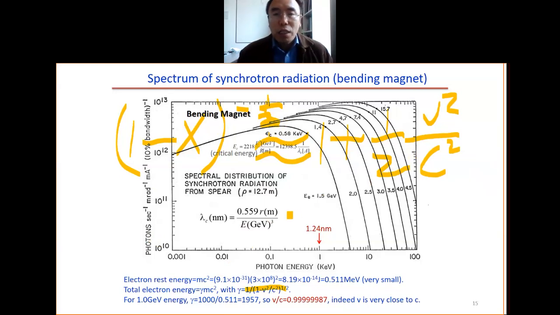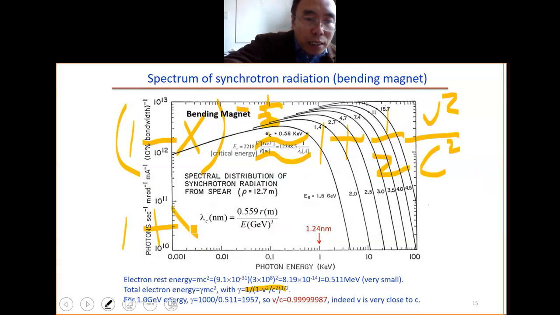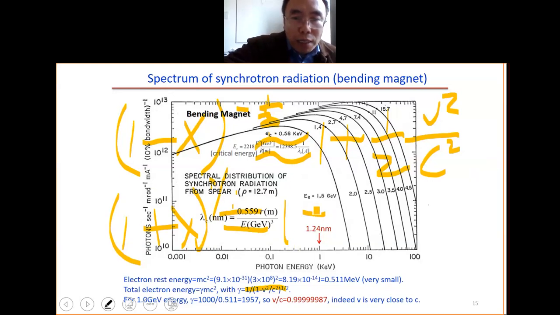But generally, we have 1 plus x to the power y roughly equal to 1 plus xy. This is the general case.